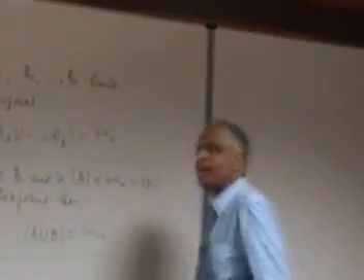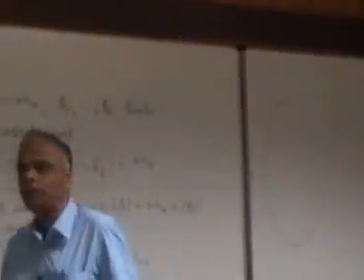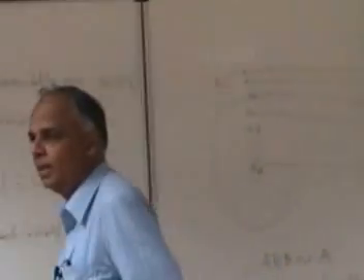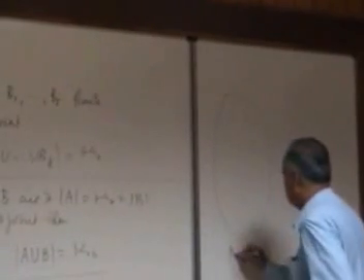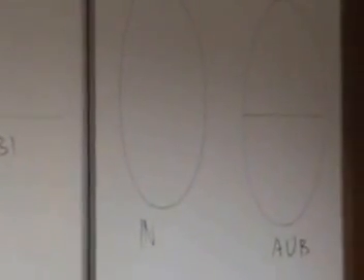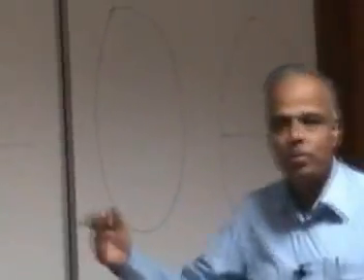Anyway, let us stick to this. Now, again, the proof is very simple. We will just establish a one-to-one correspondence between A union B and N. That's enough. So this is N, and this is A union B. A union B consists of two parts, the A part and the B part.